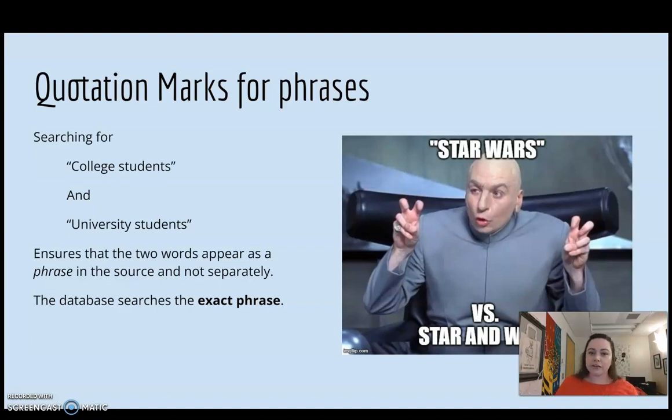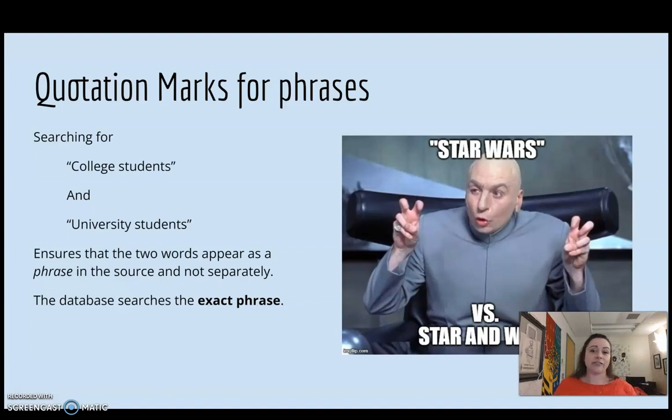Another thing that you can do, a trick that you can use in Google and the databases, is to use quotation marks to force phrases together. So when you're searching for college students, you put the quotation marks and it looks for that full phrase in that order. It ensures that those two words appear exactly as written.